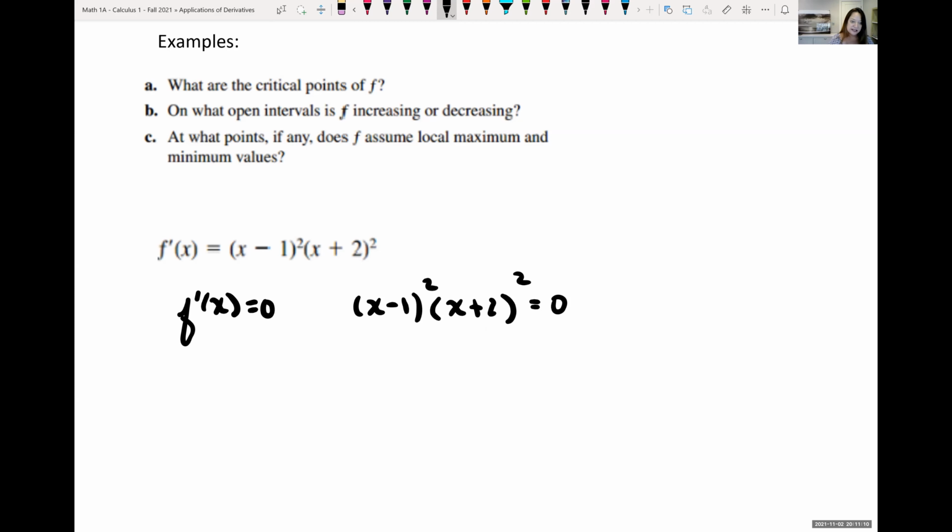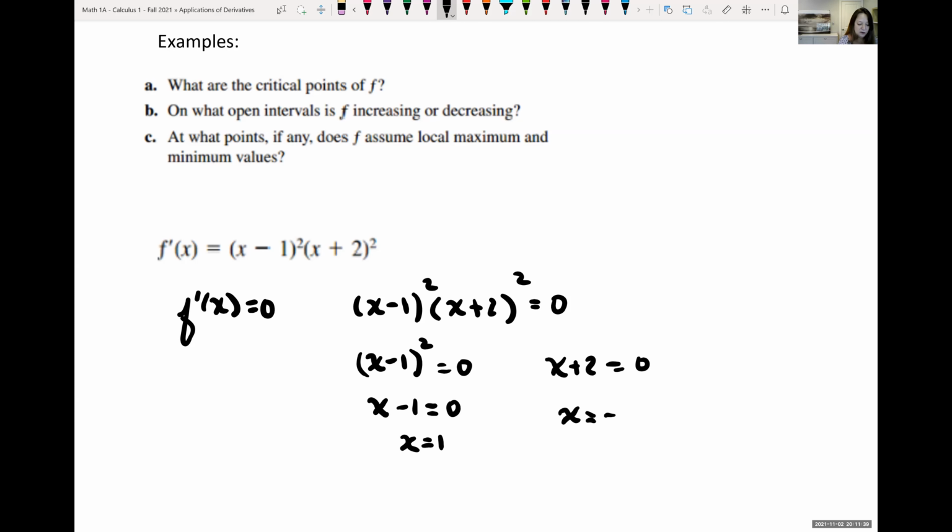We can set each factor equal to 0. x minus 1 equals 0, and x plus 2 equals 0, because if I took the square root of both sides, the square root of 0 is just 0. Adding 1 to both sides, we get x equals 1 as a critical value. And subtracting 2, we get x equals -2 as a critical value.